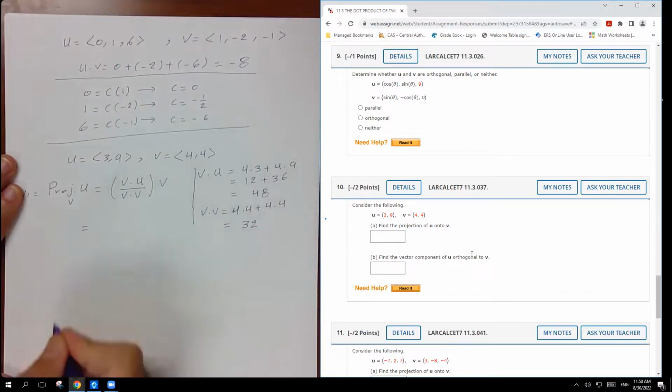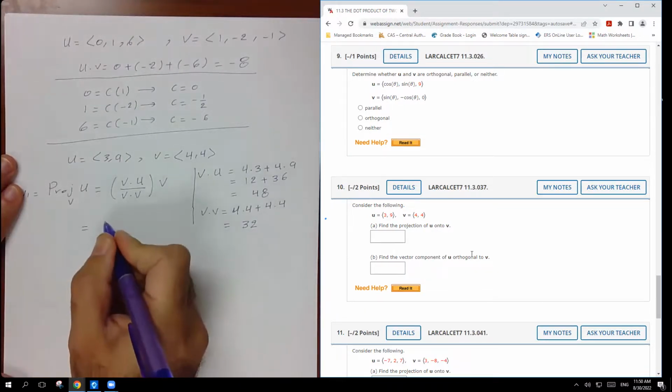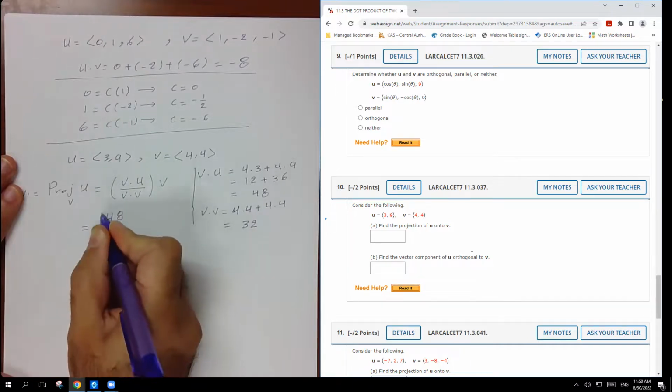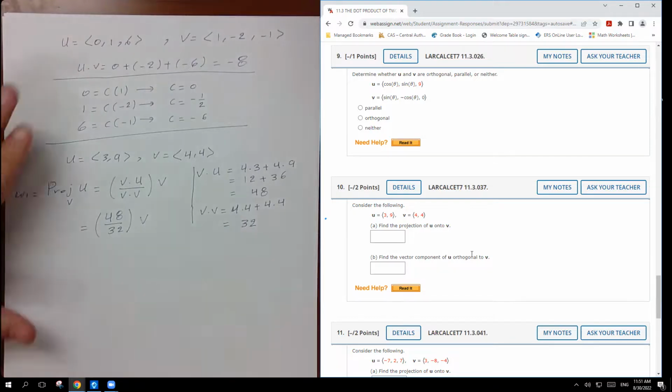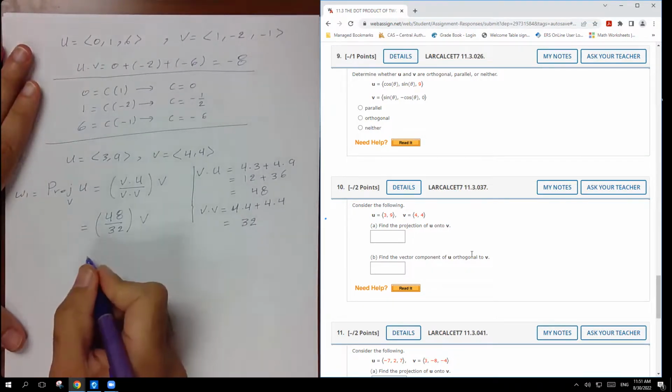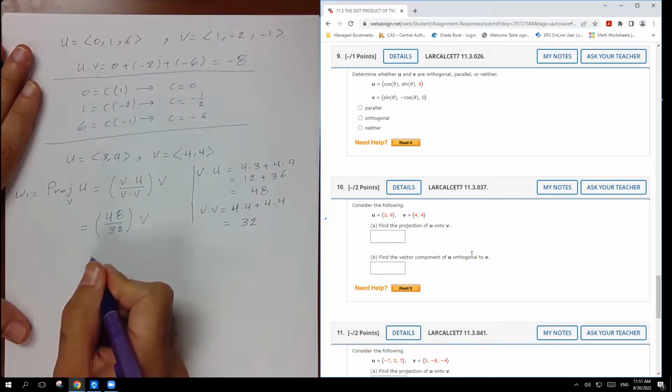That means the projection is going to be 48 over 32 times the vector V. How much is 48 divided by 32? Dividing both numbers by 8, it's 6 over 4, which means 3 over 2.